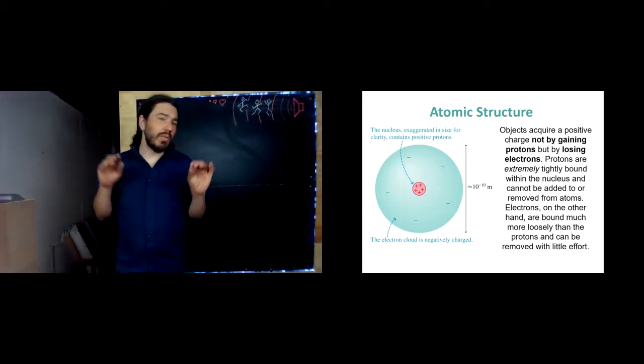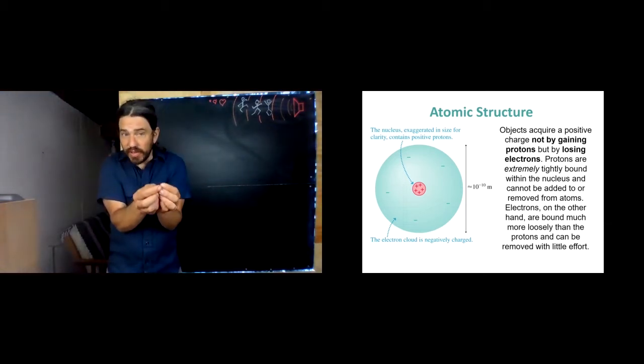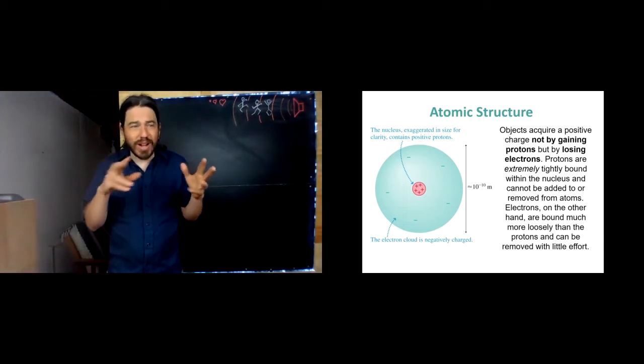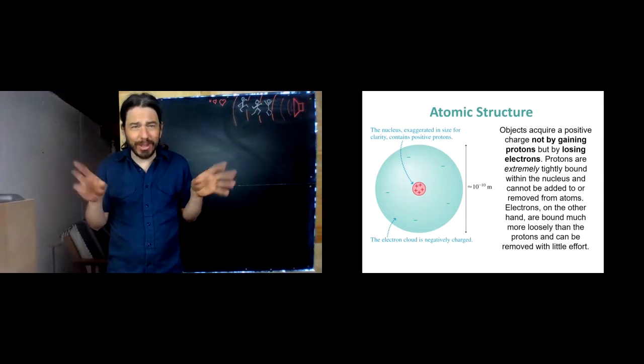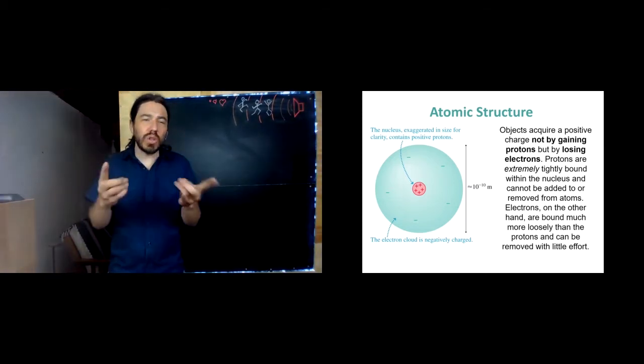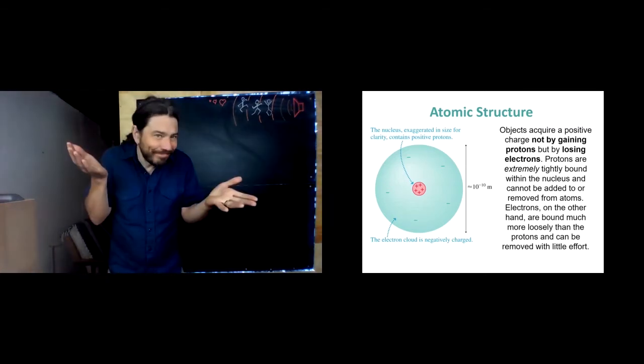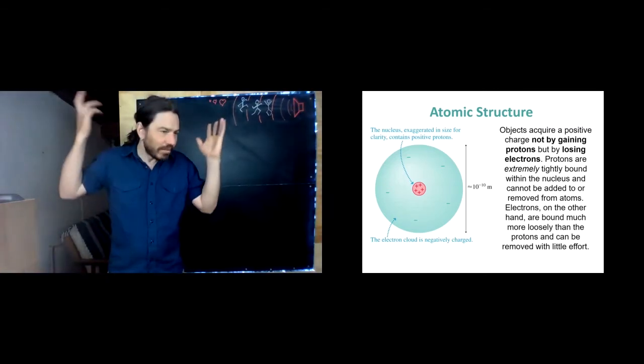And it is not the protons. And we say, why? Well, because the protons are tightly bound within the nucleus of the atom. And we're not just going to rub a proton out of the nucleus of the atom. In fact, if you pull a proton out of the nucleus of an atom, that is called a nuclear reaction, which I'm not going to demonstrate in my basement. Not this week. Maybe next week.